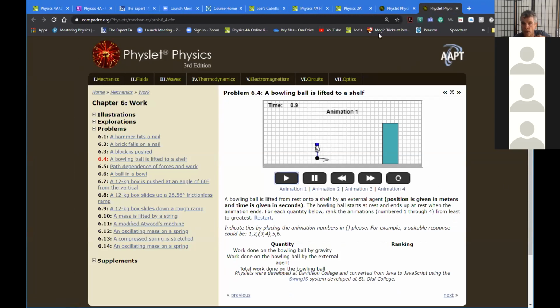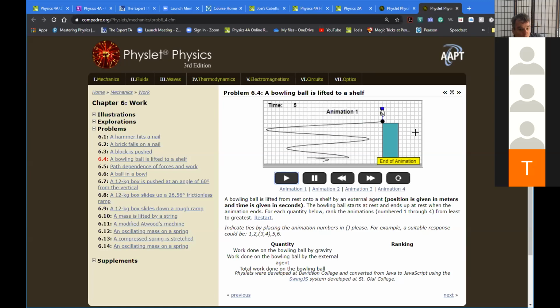Oh, excellent. Can you guys see this animation running? Yeah. Okay. So one of the things I'm going to get to at the end of Tuesday is that there are different kinds of forces that we generally classify as conservative or non-conservative forces. I'll talk on this on Tuesday, but gravity is a conservative force, which means that the work done by gravity is path independent.